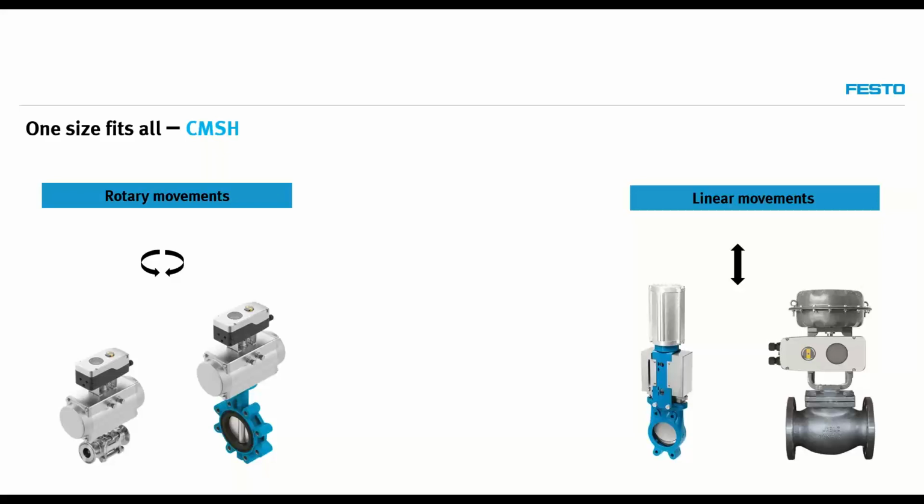But to address more demanding application when it comes to safety, diagnostics, partial stroke testing, emergency shutdown function, we present the CMSH, the Smart Digital Electro-Pneumatic Positioner with HART communication, which can be used with both linear or rotary, single or double acting actuator, small or big size process valves. The CMSH is completing our lineup for positioners in the field of process automation.